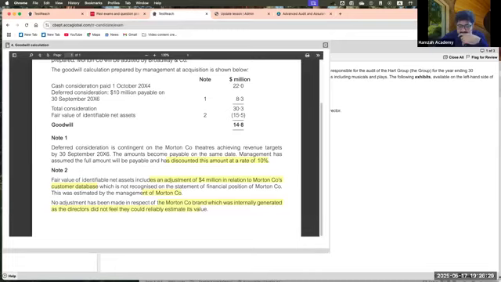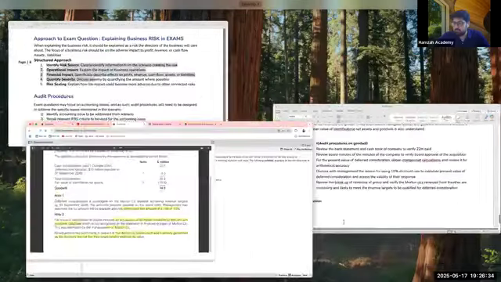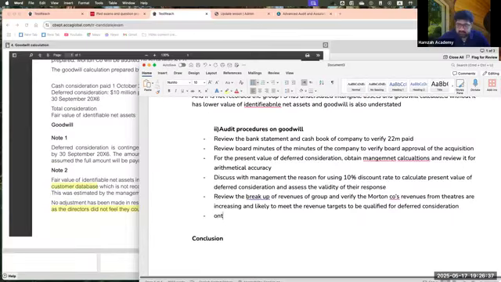Now, obtain customer list. Obtain the copy of valuation of customer list calculated by Morton Company and review it for arithmetical accuracy.